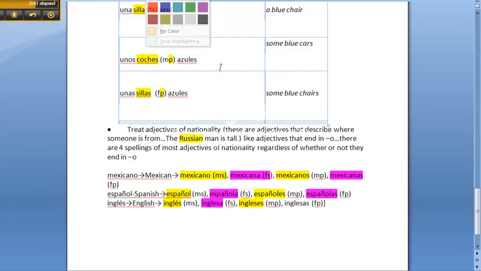Also, if there happens to be an accent in the singular masculine form, it can be dropped when you make it feminine or make it plural, and you can refer to your accent notes to understand why that happens.